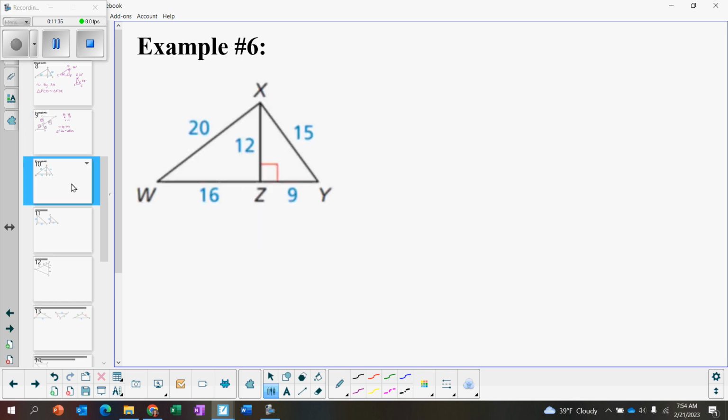All right, next one. I have two triangles with right angles in them. So I can compare this one and this one. So if I were to redraw that, all right.